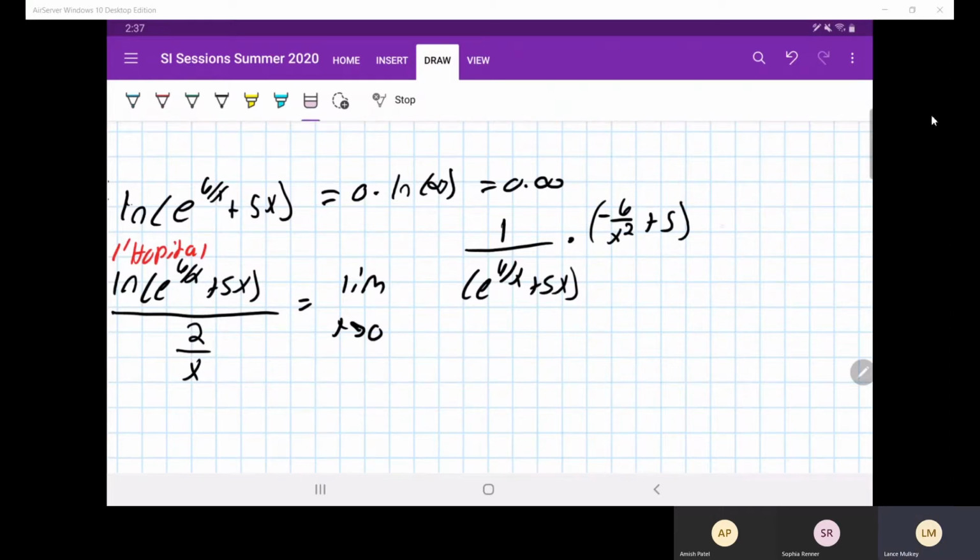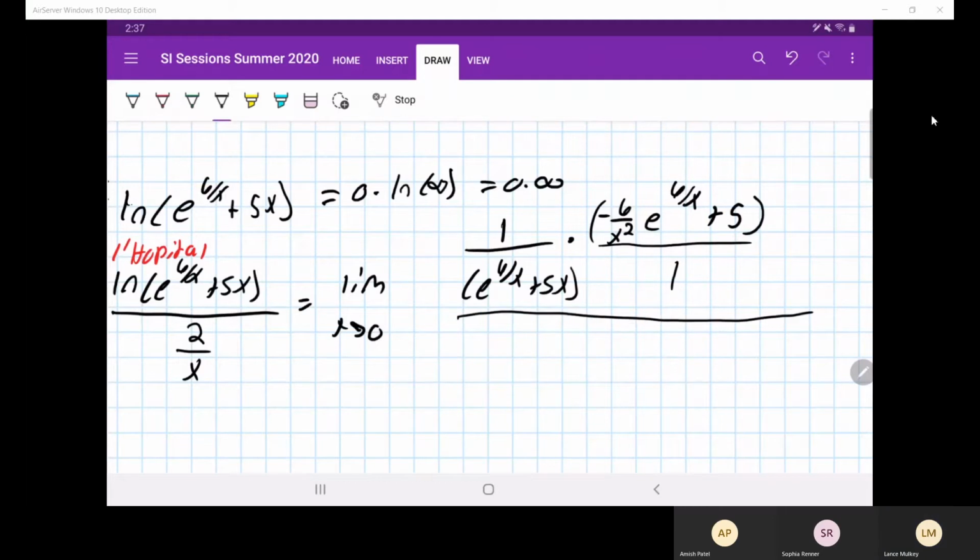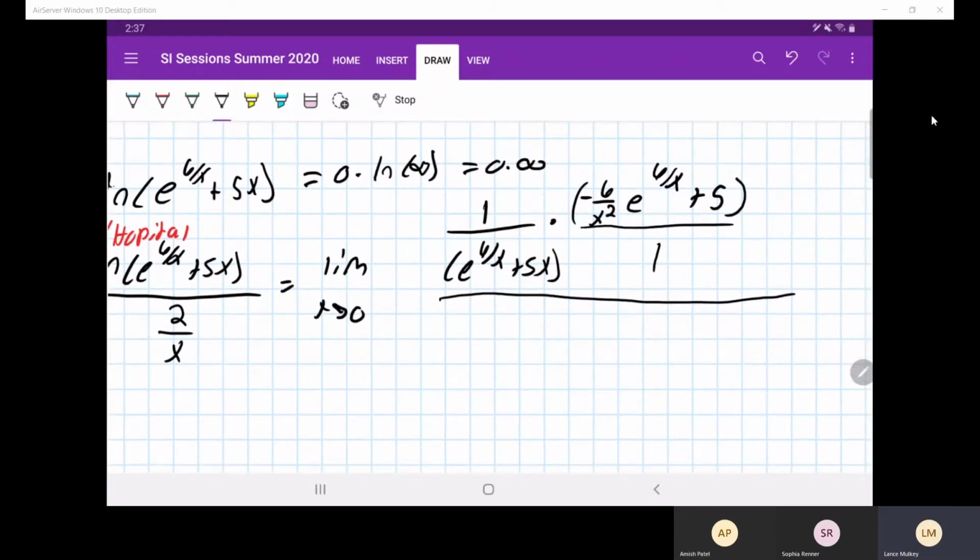Oh, wait, no, that's wrong. There you go. You take the derivative of e, the derivative of the function times e. And you take the derivative of the bottom, which is negative 2 over x squared.